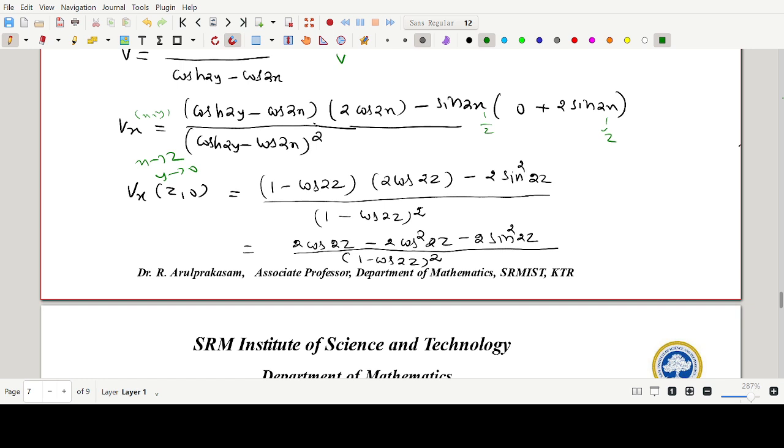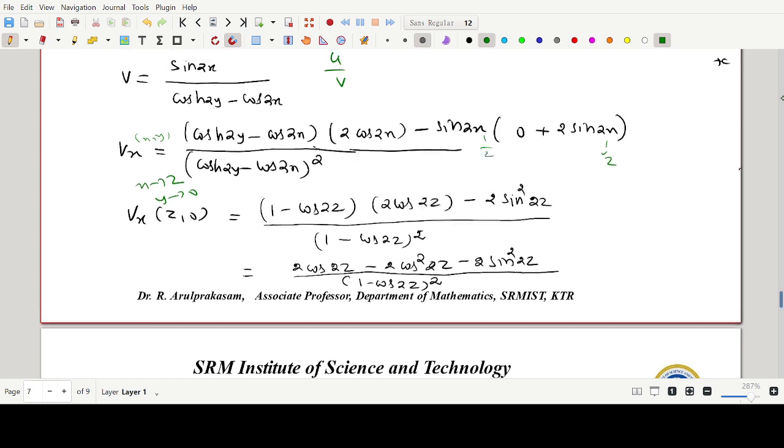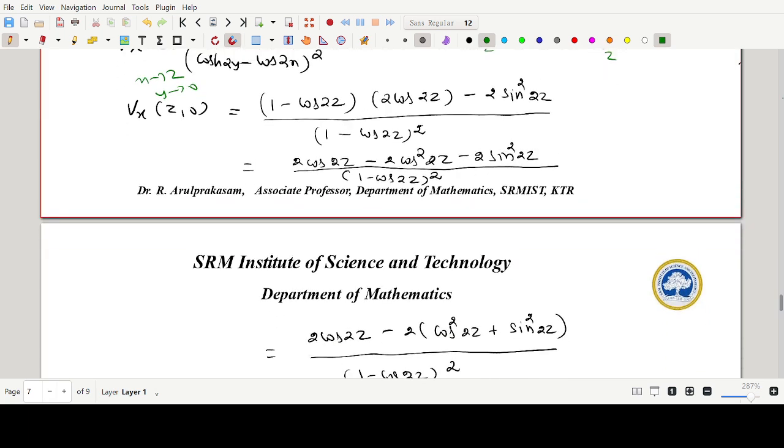And 1 here, put y to 0, cos 0 value 1, so 1 minus cos 2z whole square. Now I can simplify: 1 into cos 2z gives 2 cos 2z minus 2 cos square 2z minus 2 sin square 2z.